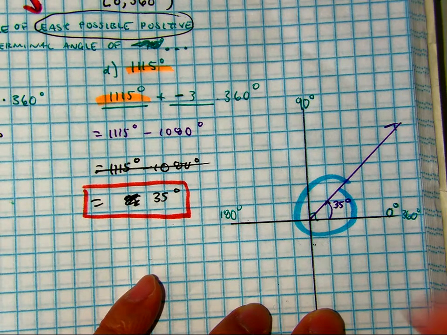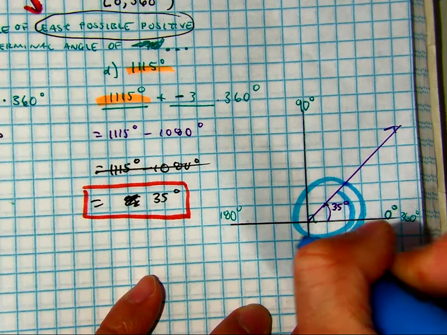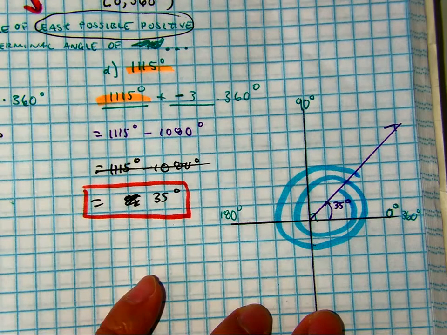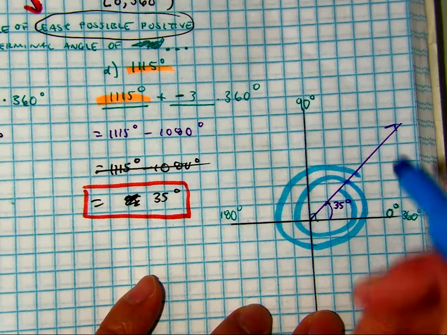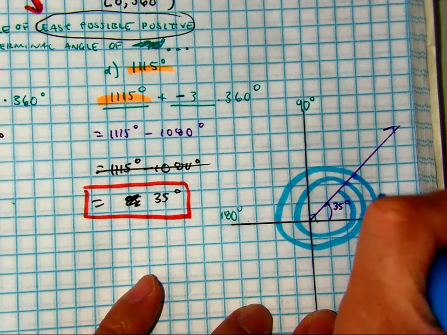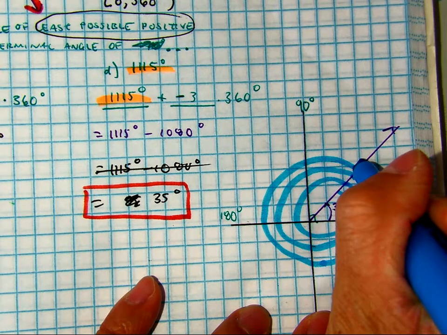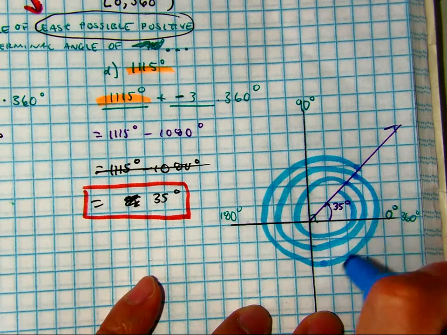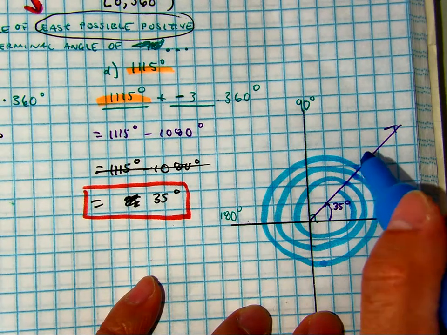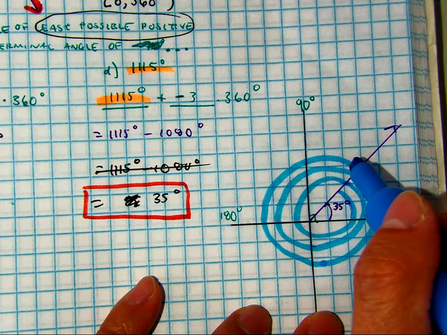If I do another full rotation, if I add another 360 degrees, I get 755. If I do another full rotation, and the reason why I'm going in the clockwise direction, I'll tell you after we're done.